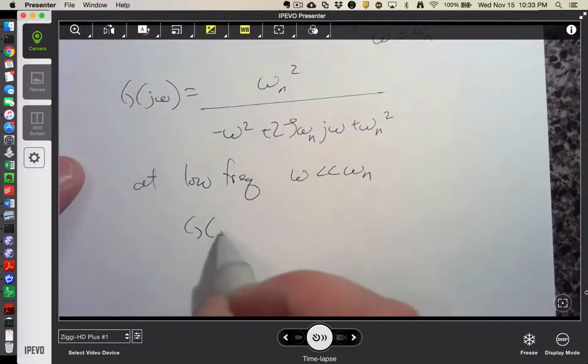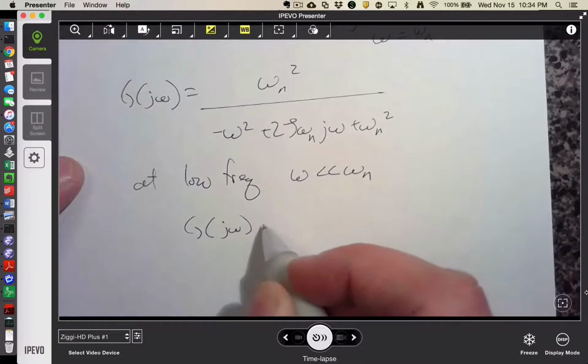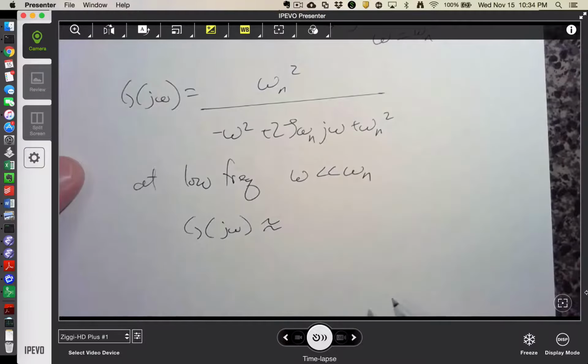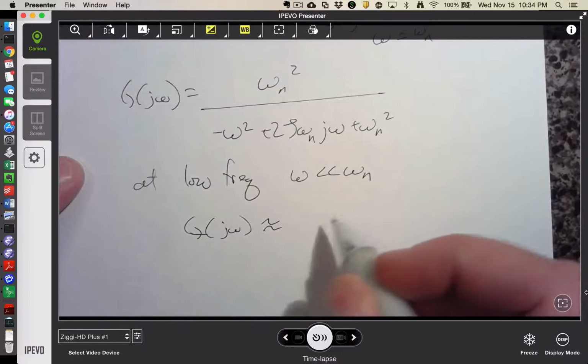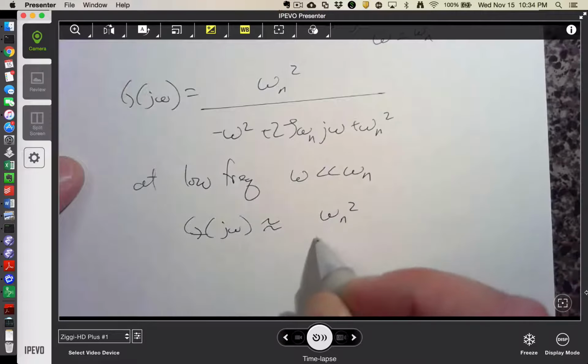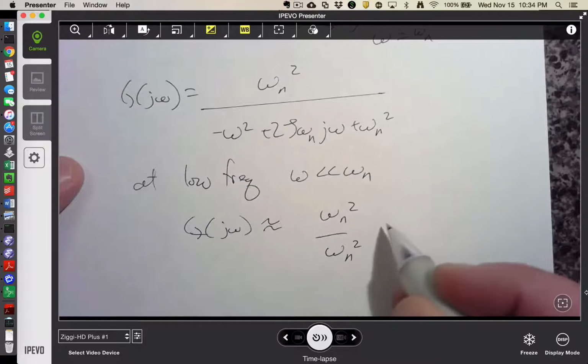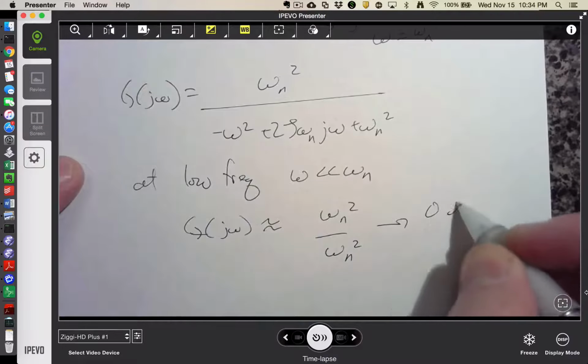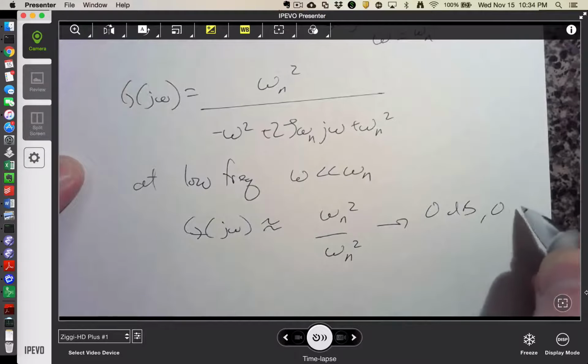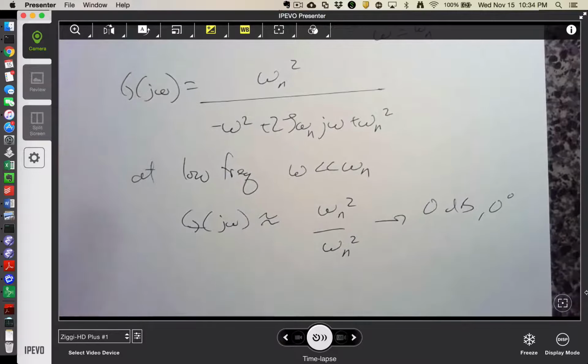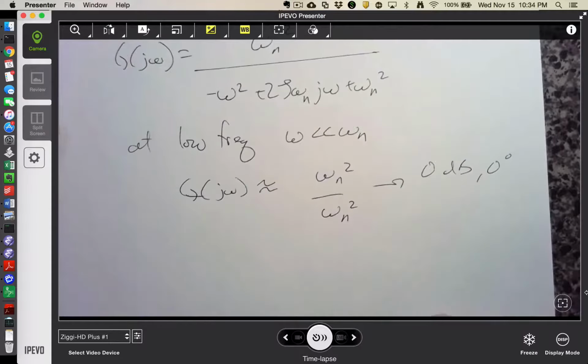So we're going to end up with, just like in the first order case, G of j omega approximately equal to omega n squared over omega n squared, by which we mean 0 dB and 0 degrees phase. So it starts off flat at 0 degrees phase, just like a first order term.